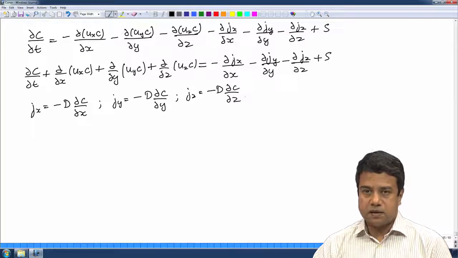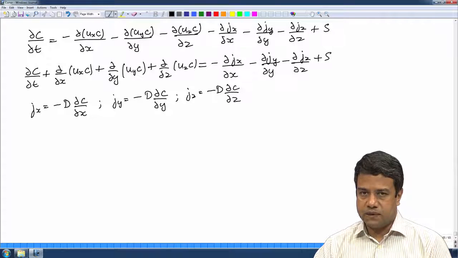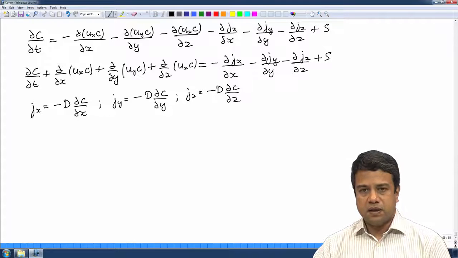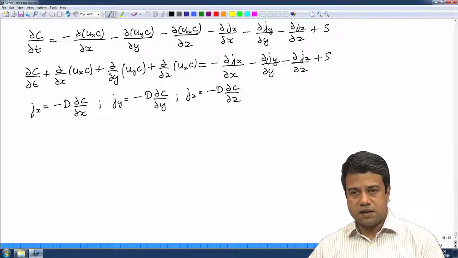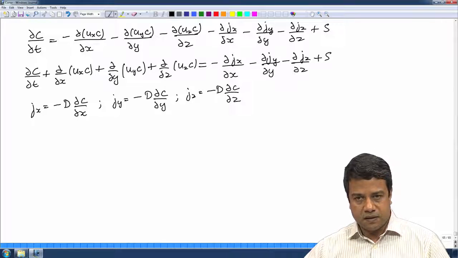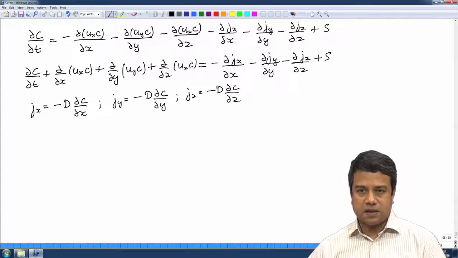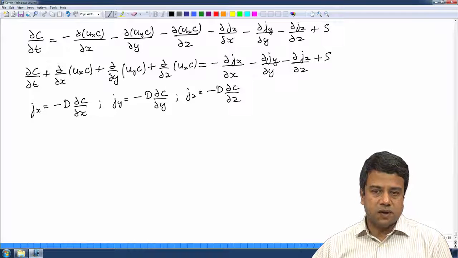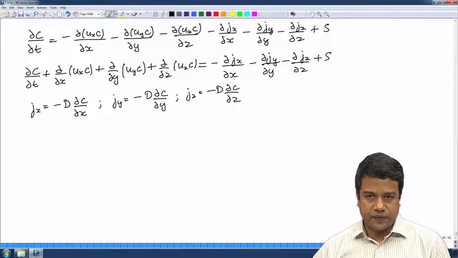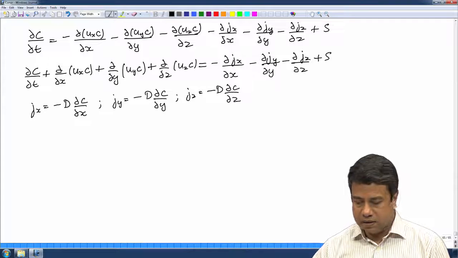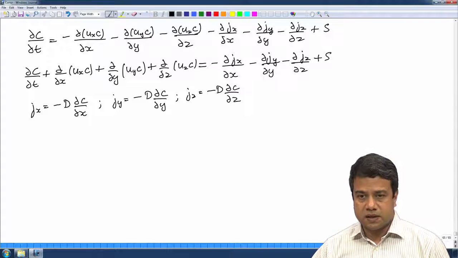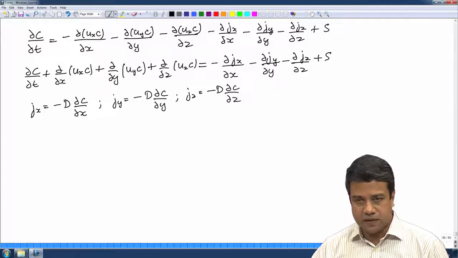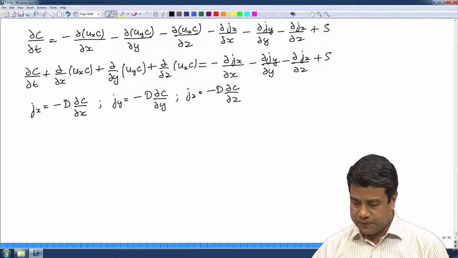This is the generalization of Fick's law for diffusion in 3 dimensions. The flux in the x direction is equal to the diffusion coefficient times the gradient in that direction. Similarly, in the y direction, the flux is equal to the diffusion coefficient times the gradient in the y direction, and similarly in the z direction. Negative sign because there is transport of mass from regions of high concentration to low concentration.